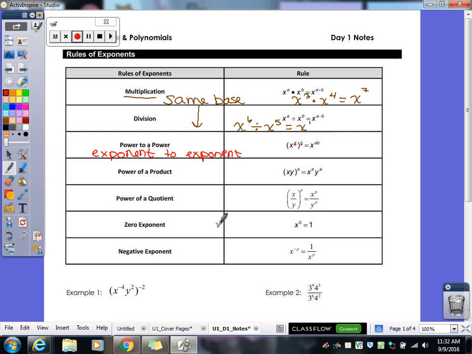When it's done like that, that's when we multiply them. A lot of people have a tendency to get these confused. By multiplying the x's, I add my exponents. If I have just two exponents and only one x there, I multiply those exponents. So my example would be x to the 3rd to the 4th power would turn into x to the 12th.